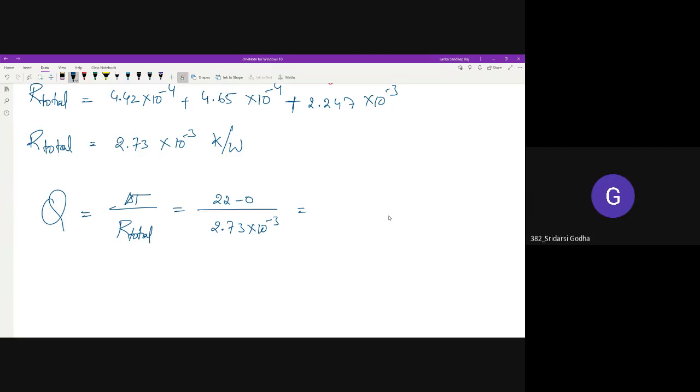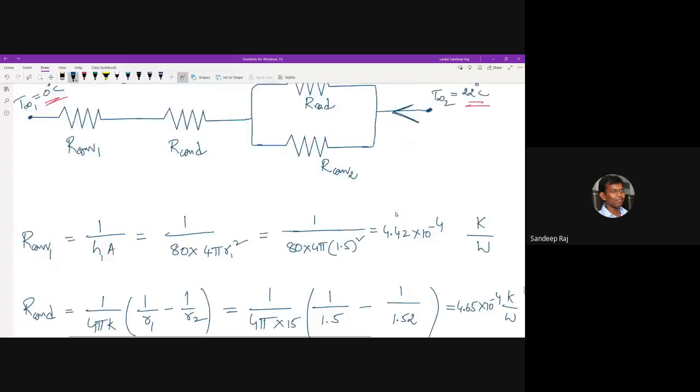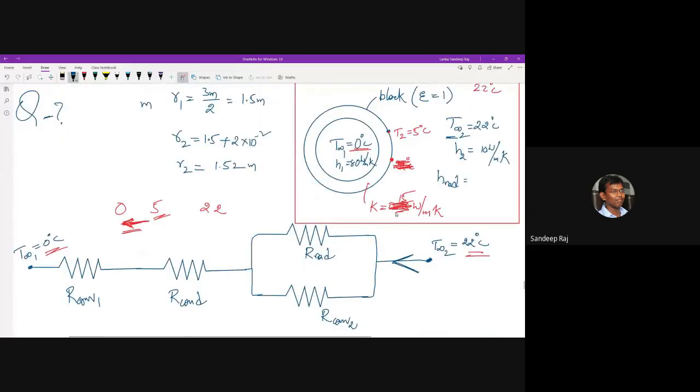Sir, how can we take 22? There will be convection resistance, no, sir. The outer temperature is 5 degrees, no, sir. Say the 22 is on this side.